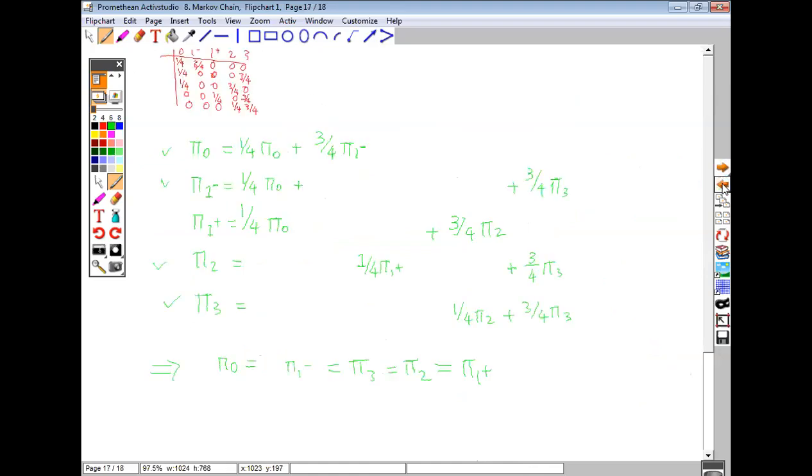So now you'll use the fact that summation of pi j's is 1 over all the j's. So if you add all of these, you should get 1, and you know that all of these are equivalent. So can someone tell me what will be the stationary distribution here for this case?